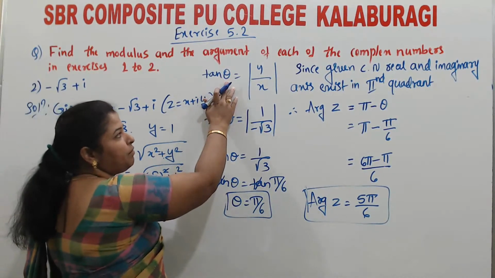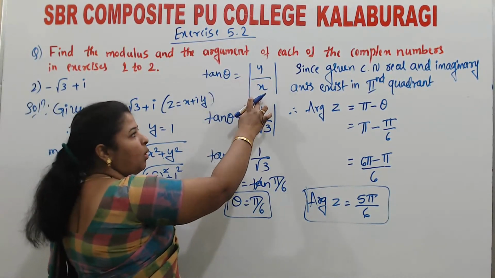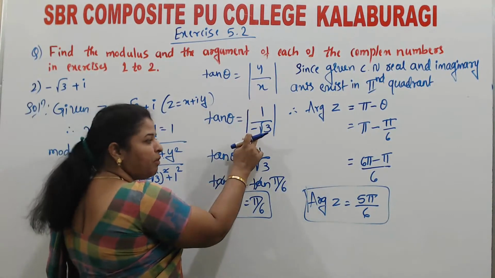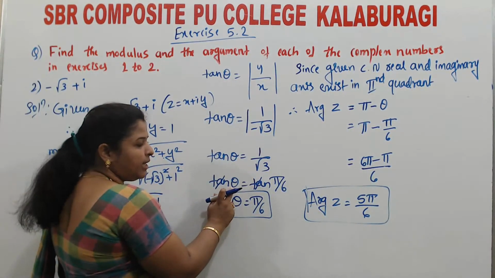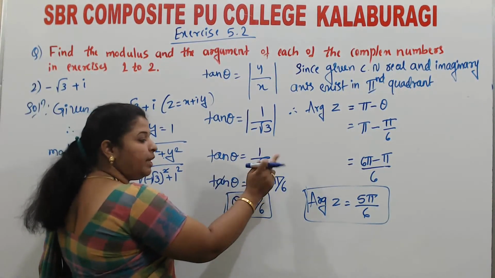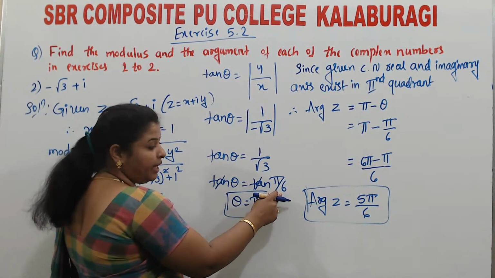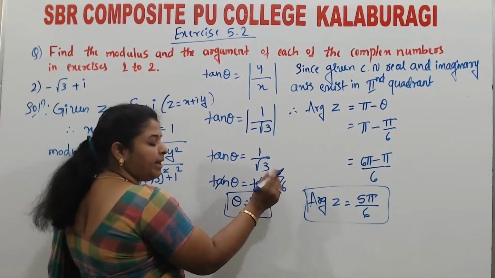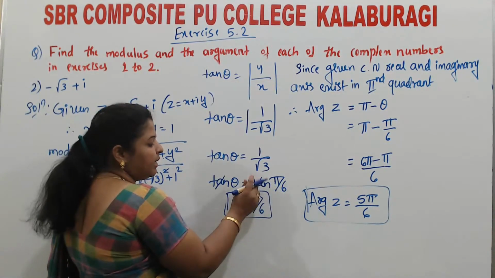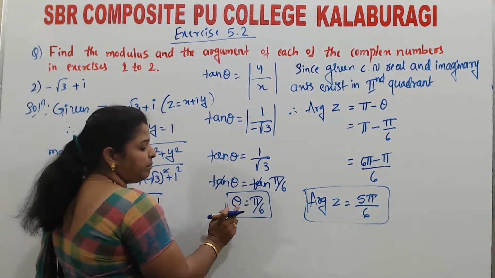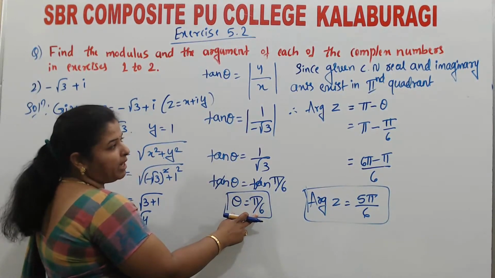For finding the value of theta, tan theta is equal to modulus of y by x. Put the values of x and y. Then tan theta is equal to 1 by root 3. In which angle is the tan value 1 by root 3? Tan 30 degree, right? 30 degree we can write in radian form as pi by 6. Here tan gets cancelled. Remaining, theta is equal to pi by 6.